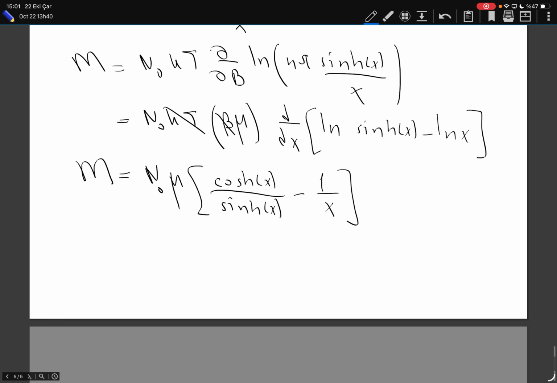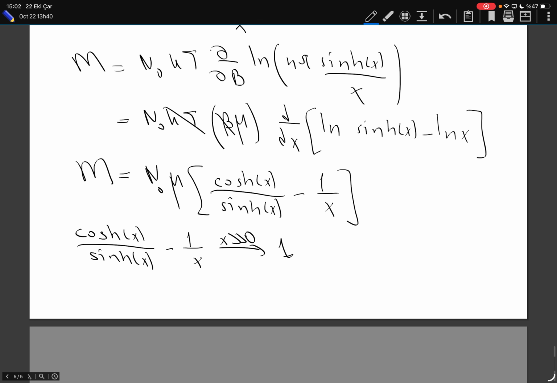In fact, we already looked at the limits of those functions. So cosh x divided by sinh x minus 1 over x goes to 1 for x very large. This is the low temperature limit.